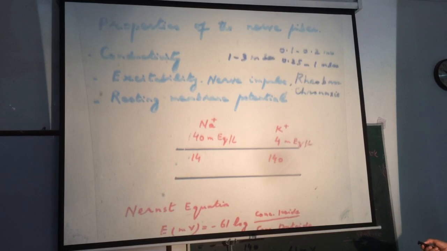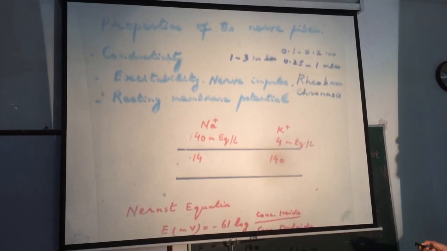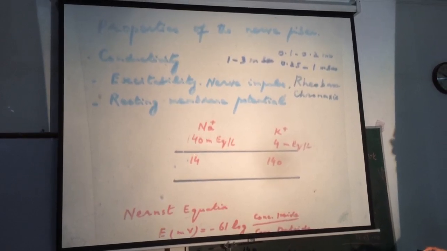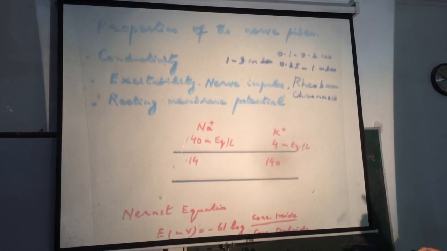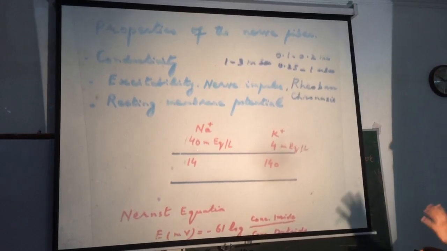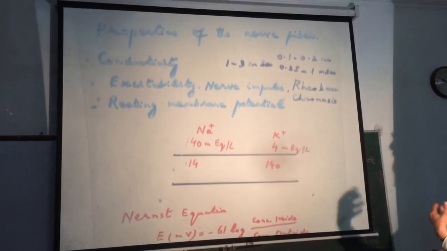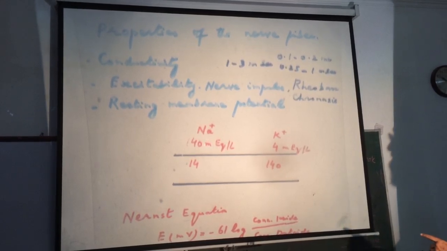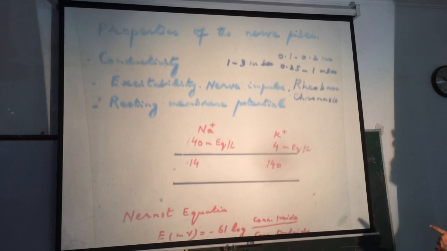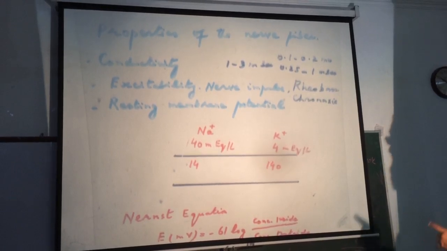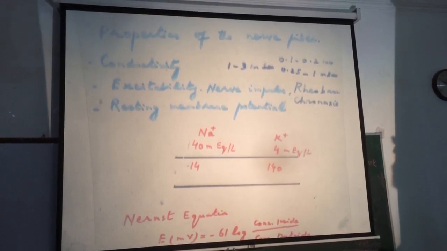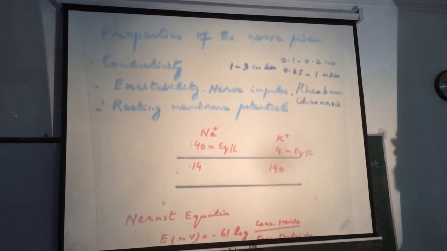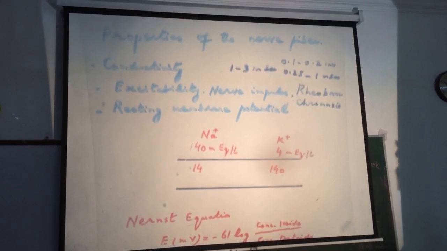Outside the cell, in the extracellular fluid, sodium is 10 times greater. Inside the nerve fiber or muscle fiber, potassium is 35 times greater as compared to outside.